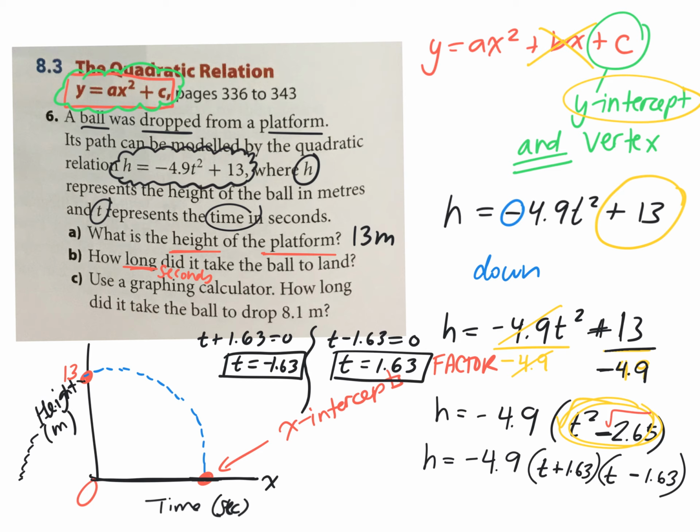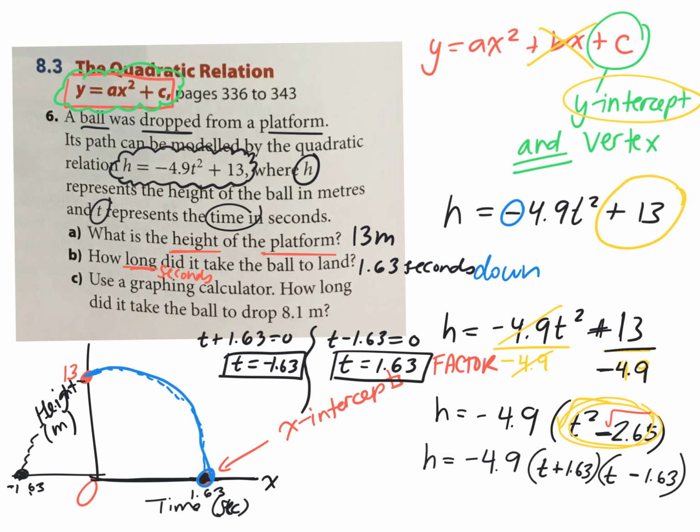So if you were to graph this as a parabola, yes, it's going to intercept at negative 1.63, and it's going to intercept at positive 1.63, right? But which answer am I going to use for the question when it says, how long did it take the ball to land? How many seconds from where it started did it take the ball to actually land? How many seconds? 1.63 seconds, that's the answer. That's it.